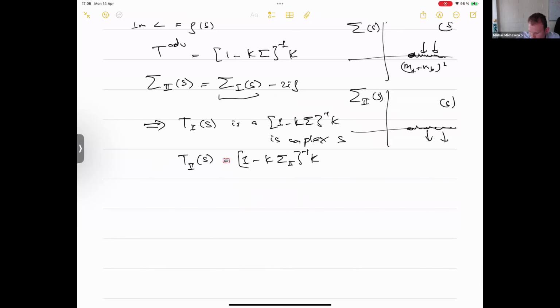The Mandelstam function needs to be analytically continued by adding the discontinuity across the cut given by rho.